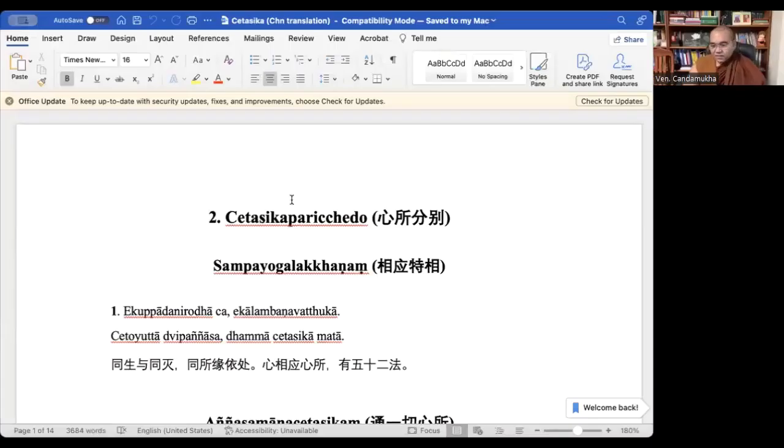So yesterday we started the Sambayoga method. After studying the 52 Cetasikas, we are to study how many Cittas associate with each Cetasika.